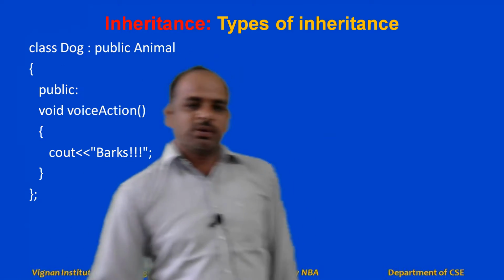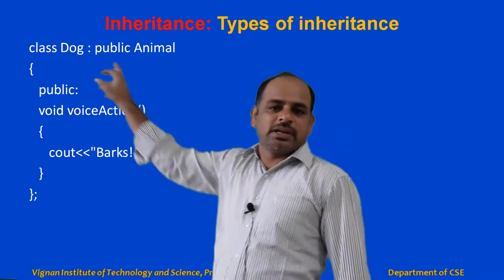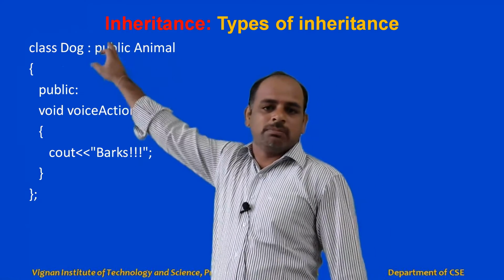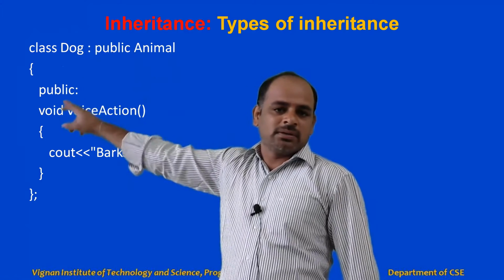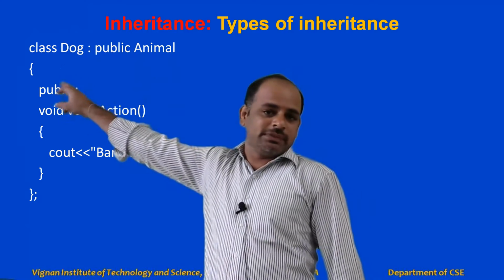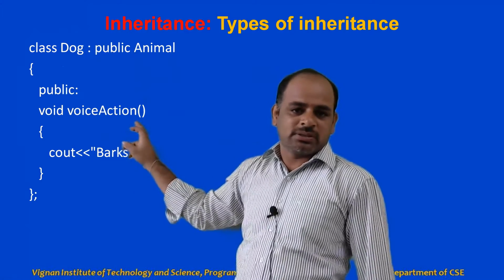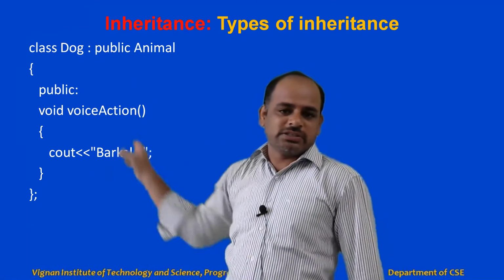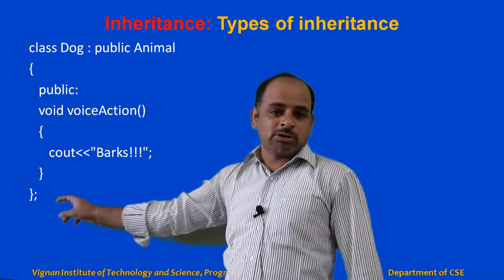Similarly, you can see here class dog is inherited, deriving the class animal, in which mode? Public mode here. And it defines its own member. The dog class defines its own function, that is void voice action, with a cout message showing what the dog action is. Now the declaration of the derived class is over.